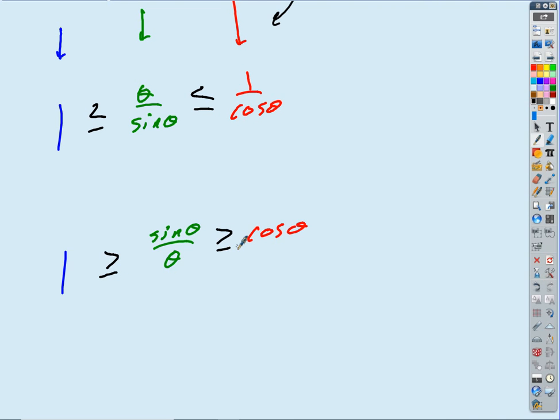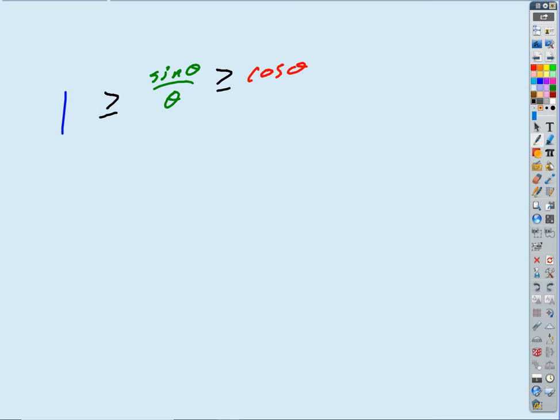So we get this. I'm just going to rewrite that. So we're going to say then that sine theta over theta is always going to be greater than or equal to cosine theta, and less than or equal to 1. That's always true for any angle we choose.